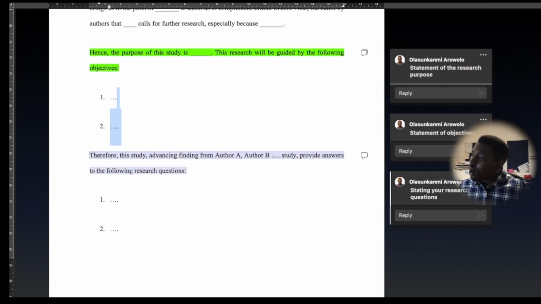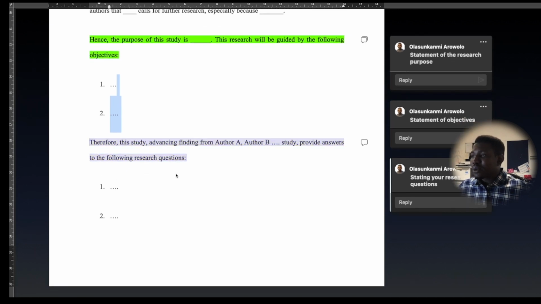And then your objective, like I've mentioned in that previous video, is the objective that drives the research question. Meaning, from your objective, you get your research questions, and it is that simple. So you can just state it as, therefore this study, advancing findings.